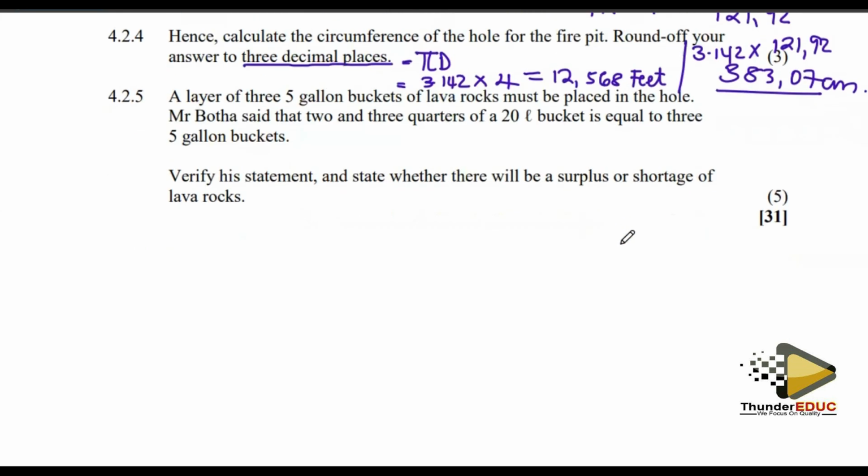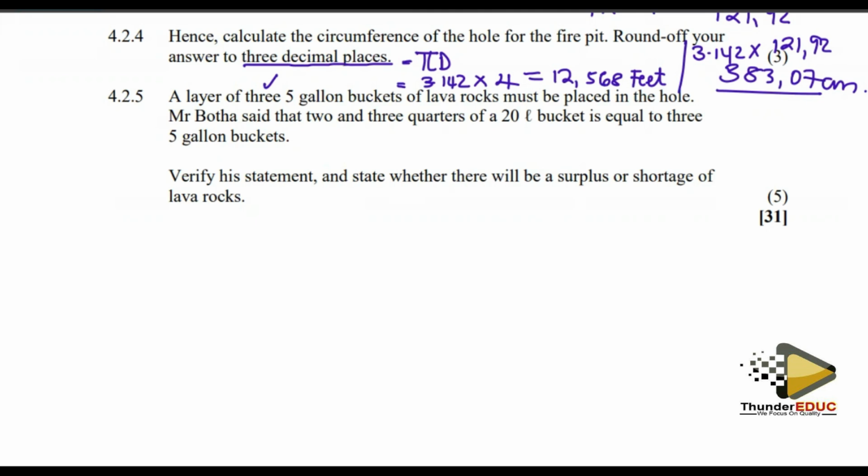So, all right. When we interpret this, they are saying 5 gallons. It's the same as saying 5-liter buckets. But now these are 5-gallon buckets of lava rock must be placed into the hole.